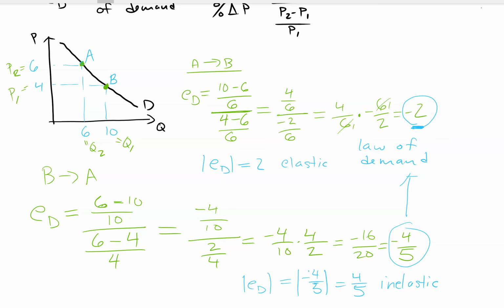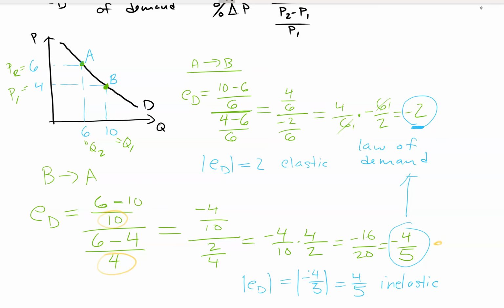The reason the answers won't be the same is that when we're at low prices, we'll be dividing by small numbers on the bottom, and the quantity will be bigger, so we'll be dividing by a bigger number on the top. It makes the bottom big and the top small, so it lowers this number.